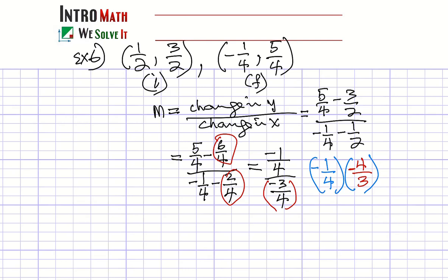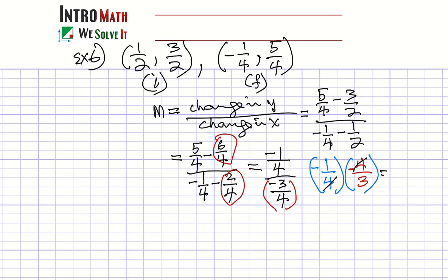And then when you simplify, you see that this crosses that. That crosses that, and see the two negatives. When negative times negative, it becomes positive, okay?